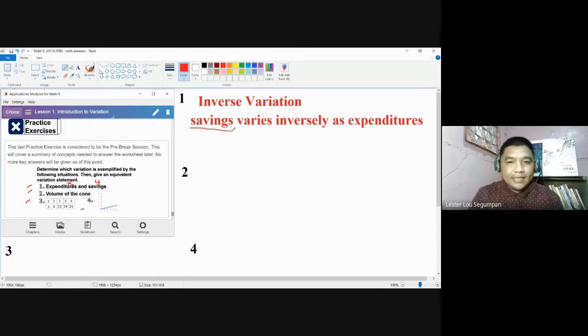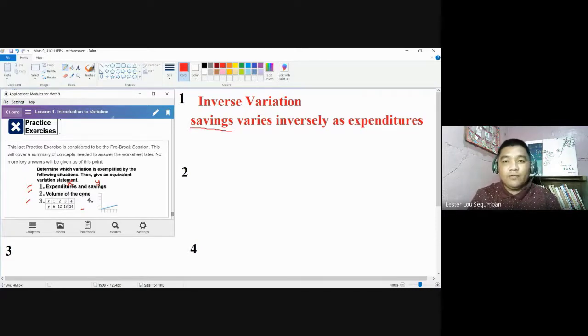Again, I'm just stating the most real scenario wherein savings is dependent on our expenditures. I know that there is also debate that expenditure could be the dependent, but generally it looks like this. So that's the first possible statement, and the other statement would be savings is inversely proportional to expenditures. Let's proceed to number two.